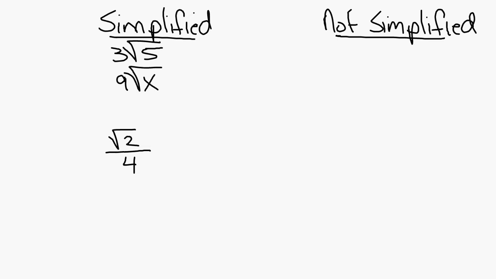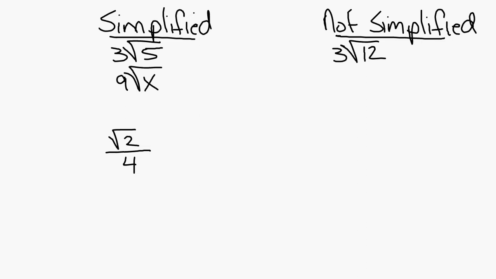Three times the square root of 12 is not simplified. Can someone tell me why it's not simplified? The first criteria for a simplified radical. Yes. 12 has a factor that's a perfect square, doesn't it?